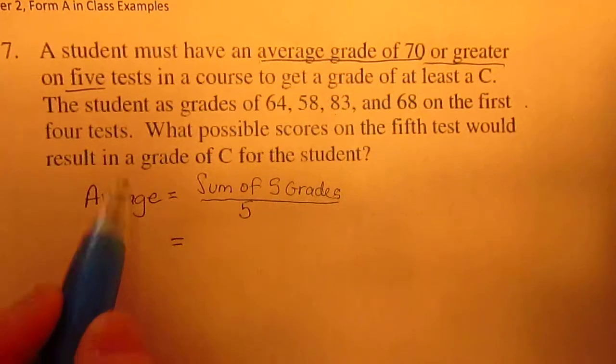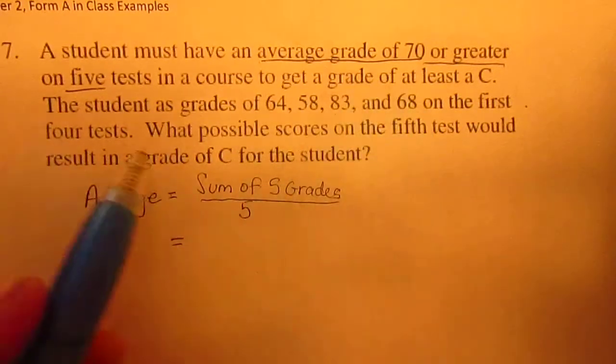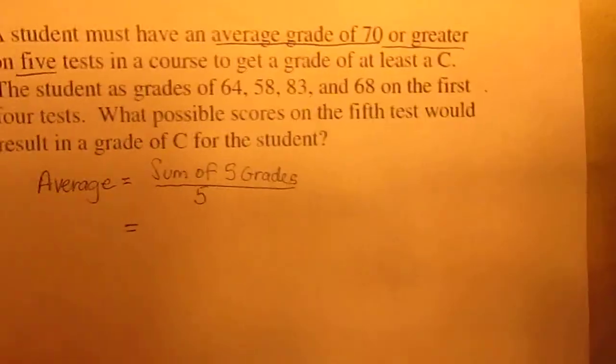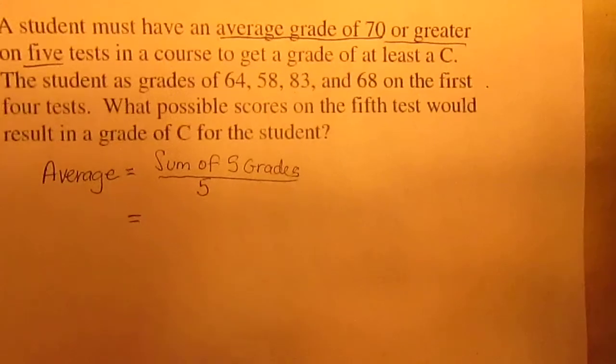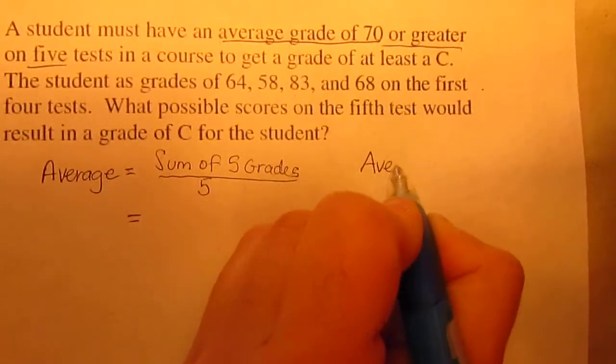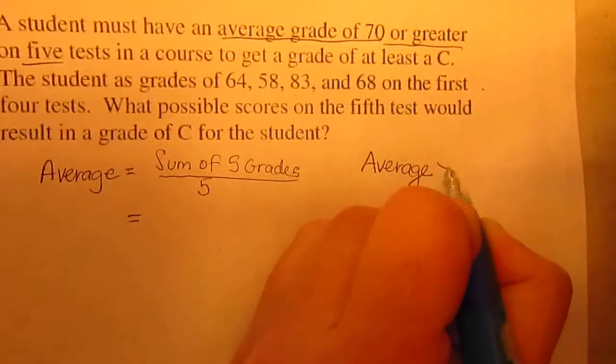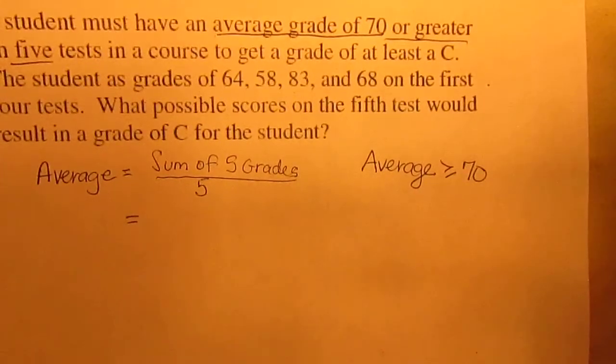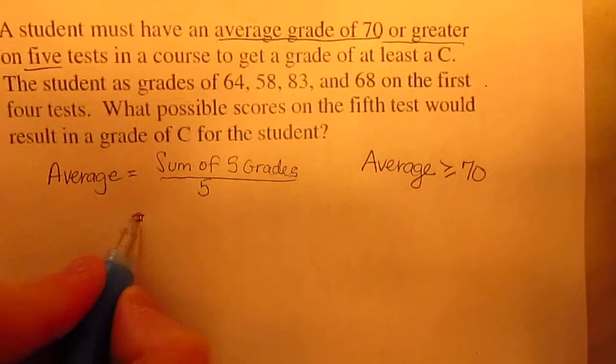So they want a grade of 70 or better. So basically this average needs to be greater than or equal to a 70. So let's calculate the average and we'll put it all together.